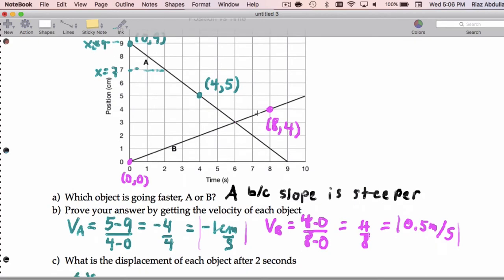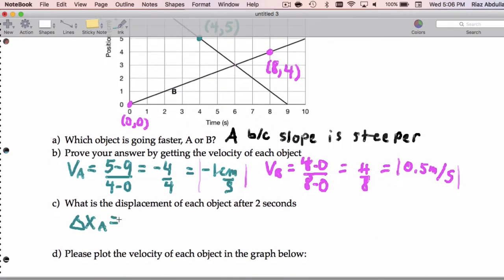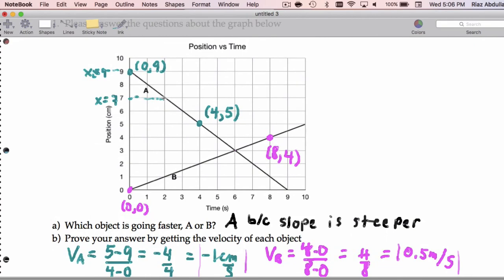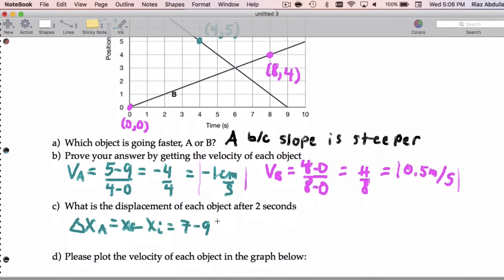And if we actually use our definition of displacement, that's going to be x final minus x initial. That's going to be 7 minus 9 from the graph, and that's going to give us negative 2 centimeters.